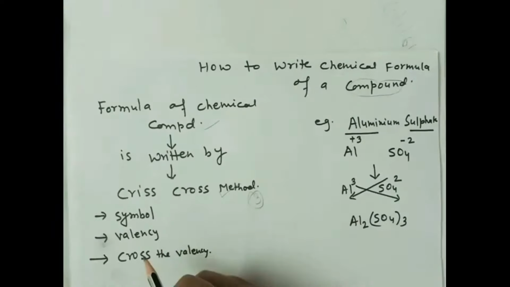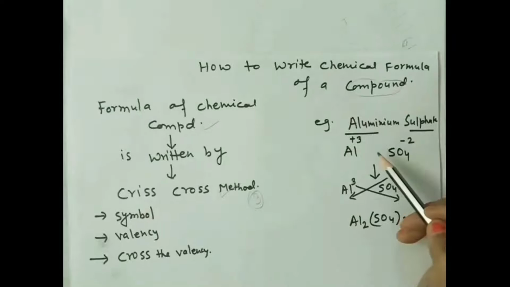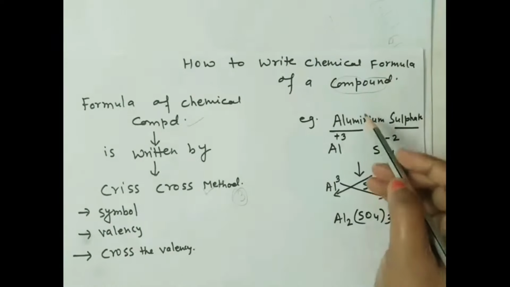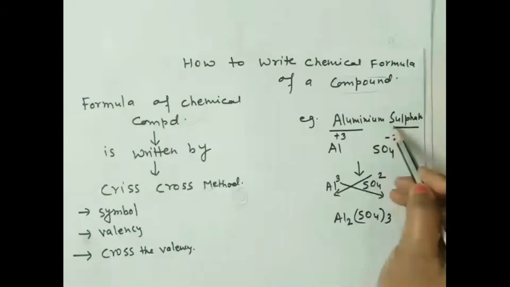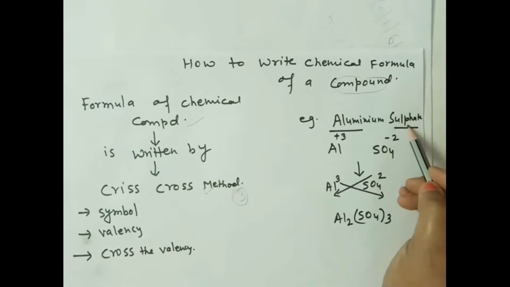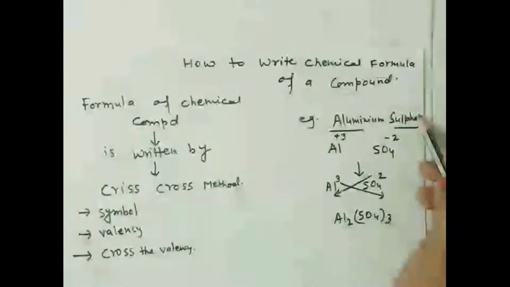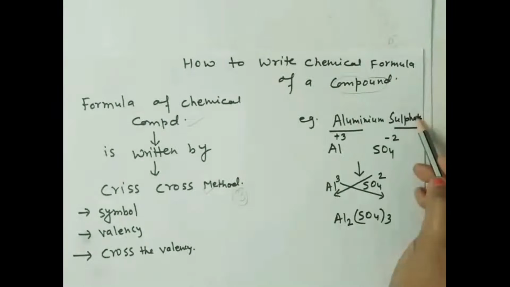As for example, if we want to write the formula of aluminum sulfate, the name of the compound has two parts, aluminum and sulfate. So aluminum is the basic radical and sulfate is the acidic radical.